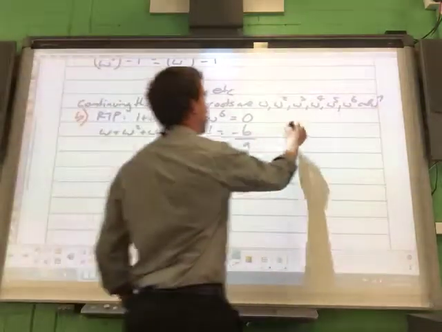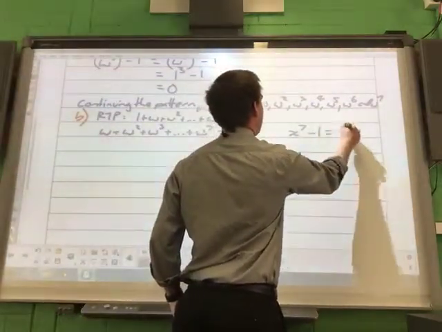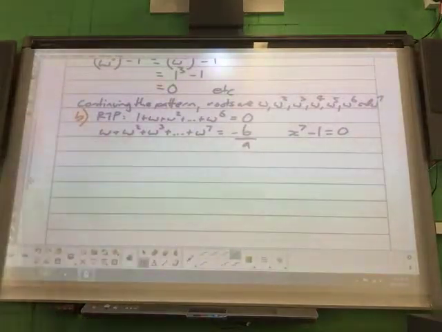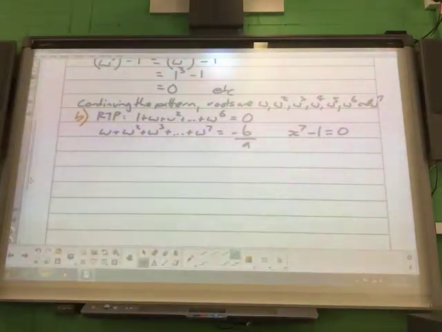Remember the equation is x to the power of 7, take away 1 is 0. So what's a? 1. What's b? b is the coefficient of what? x to the power of 6. What's the coefficient of x to the power of 6?